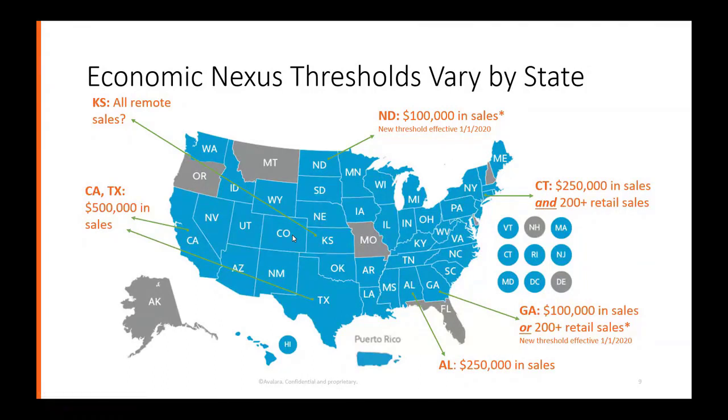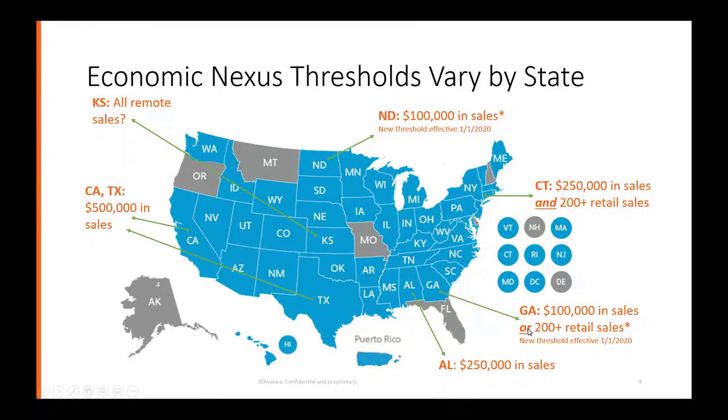The threshold could be $100,000 in sales, like this is in North Dakota and South Dakota. In some other locations, it's not just the amount of sales, but also the OR factor, or 200 separate transactions.